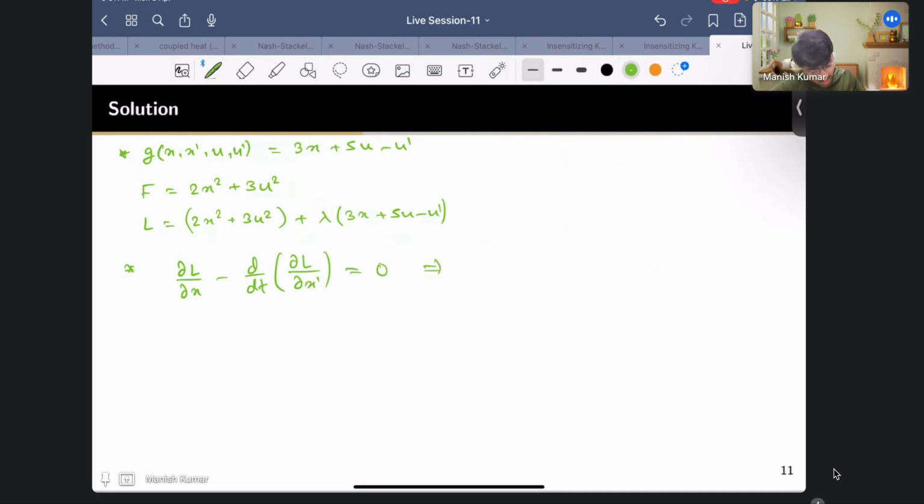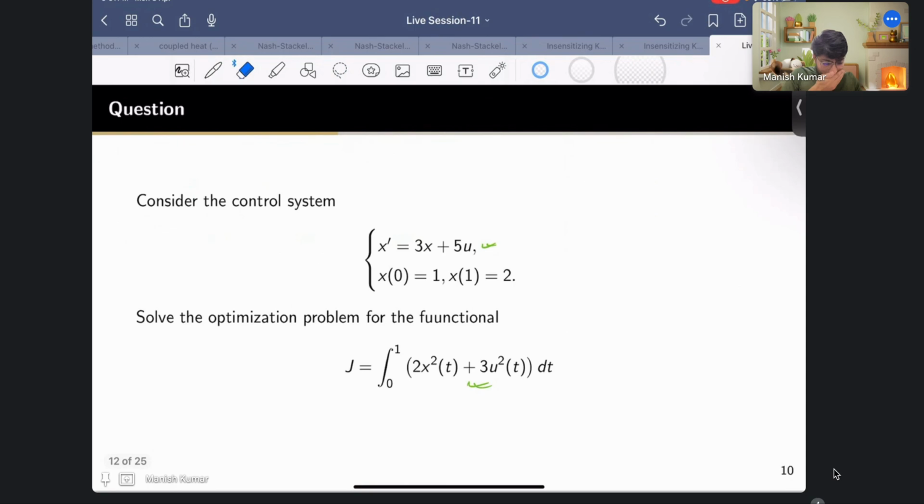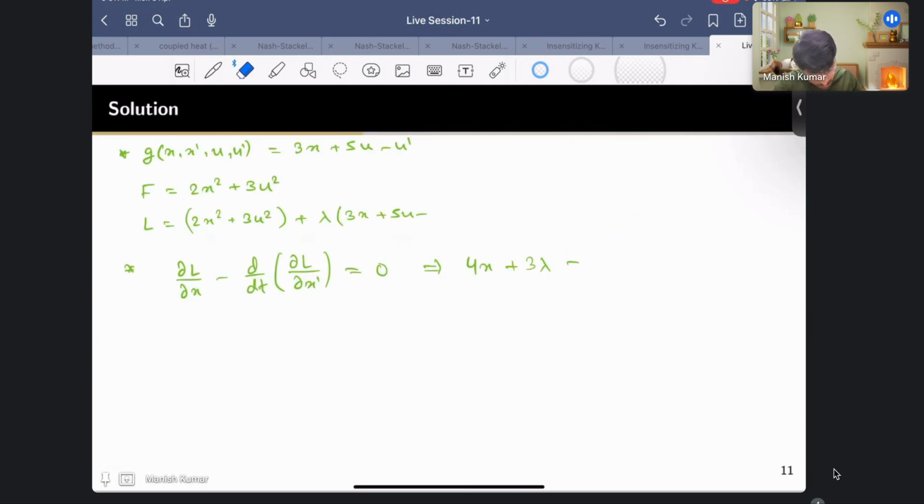So over here this is nothing but del L by del x. If you do, you'll get 4x plus 3 lambda, and then minus del L by del x prime. If you do, you'll get minus lambda, so you'll get plus lambda prime equals 0. So this is one equation what you get.